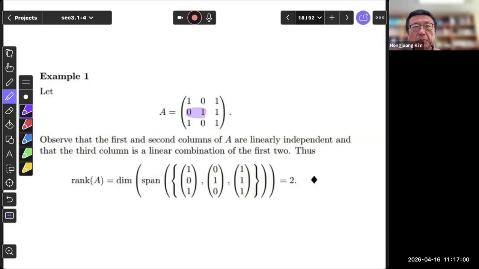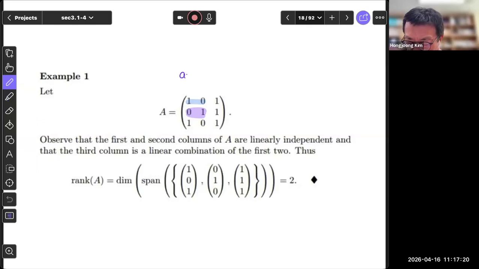So no matter what you multiply to the first column, you cannot obtain the second column. In a similar way, when I look at the first row entries, the entries are 1 and 0. So no matter what you multiply to the second column, you cannot obtain the first column. So A1 is not a multiple of A2, and A2 is not a multiple of A1.